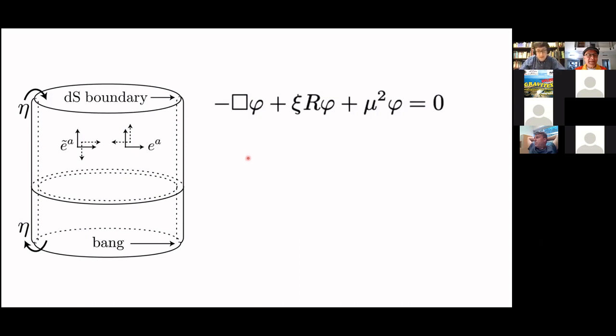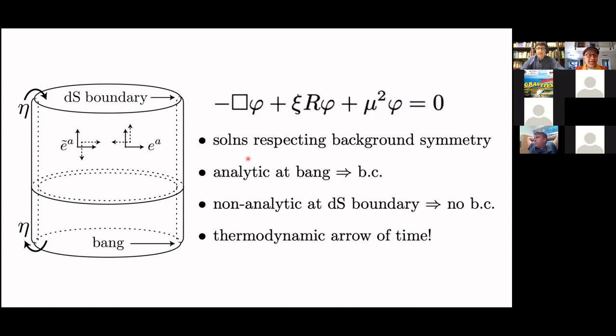The interesting thing, which I want to point out, is that in keeping with what I've said so far, I would like to look for solutions for this scalar field that respect both the symmetries and the analytic structure of the background that it's living on.